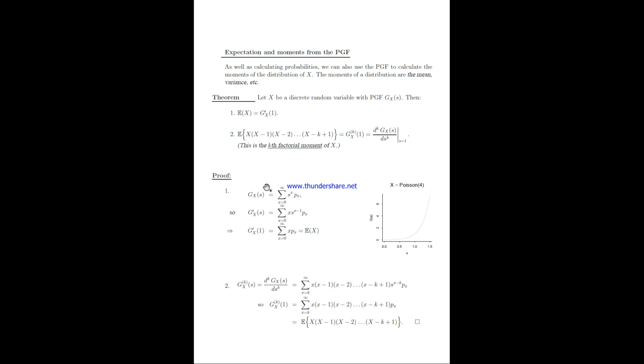When you take the probability generating function, we know it is the sum of s^x times p(x), where x goes from 0 to infinity.